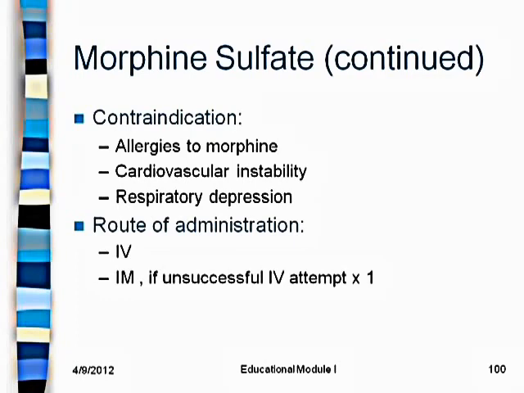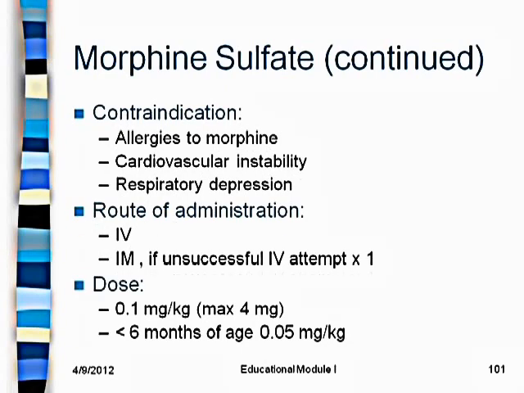The ideal route for administering morphine is IV. However, IM and sub-Q are acceptable in cases where IV administration has failed or an IV seems unachievable. The dose of morphine for children is 0.1 milligrams per kilogram with a maximum dose of 4 milligrams per dose.